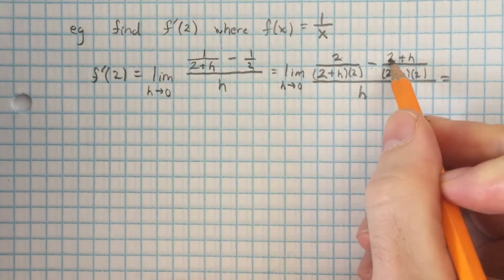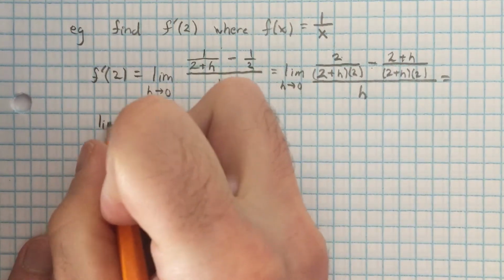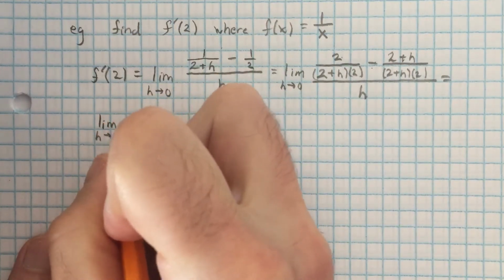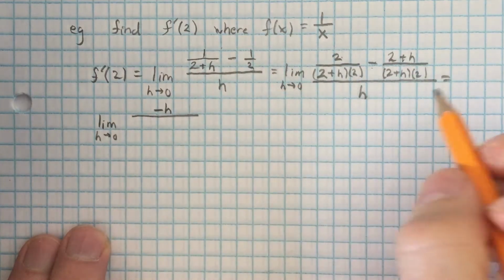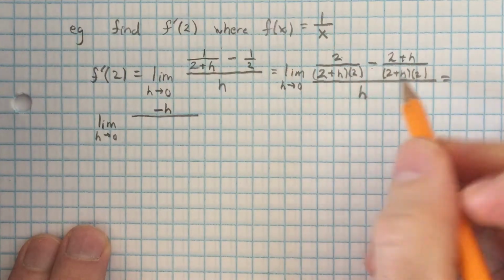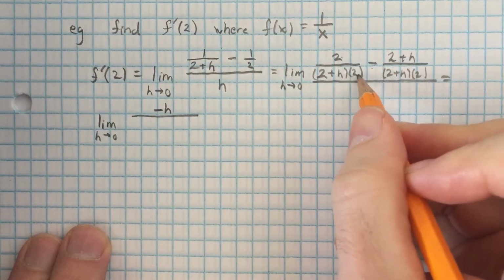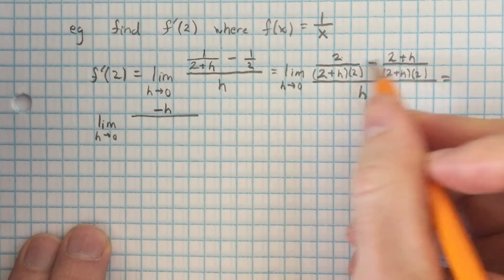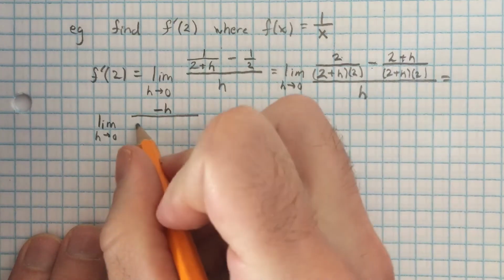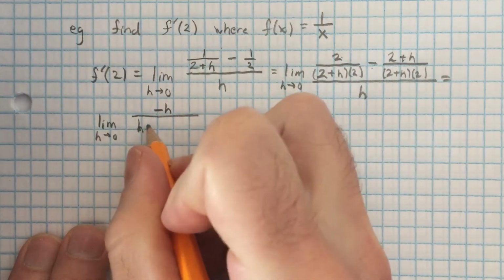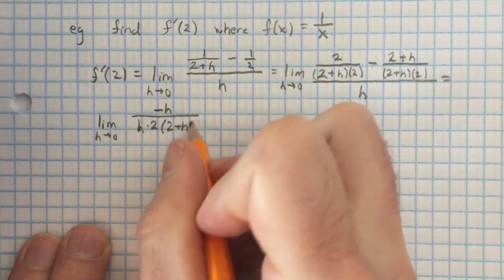So we'll have 2 minus 2 minus h, so negative h in the numerator, over, well, you'd combine these denominators, they'd be the same. You have 2 plus h times 2 for this difference, and then this h will join that denominator, so you have h, and then times 2 plus h.